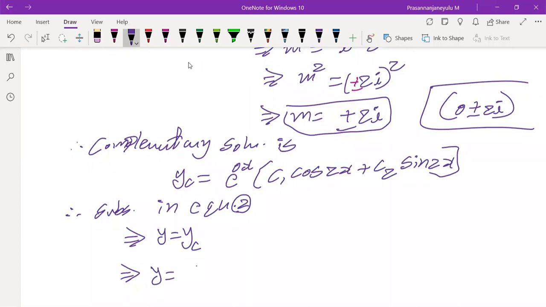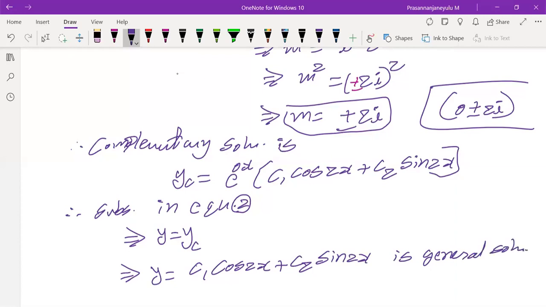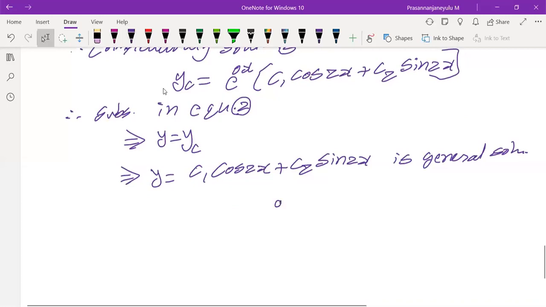So I am writing directly y equals c1 cos 2x plus c2 sin 2x. This is the general solution of the given differential equation. This is the procedure.